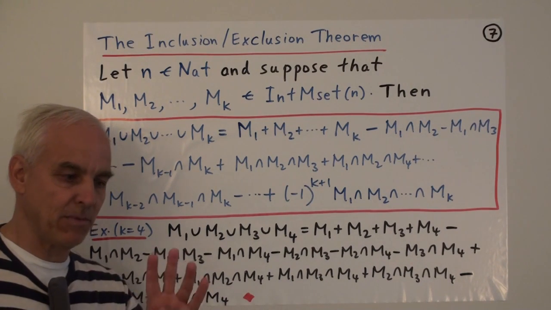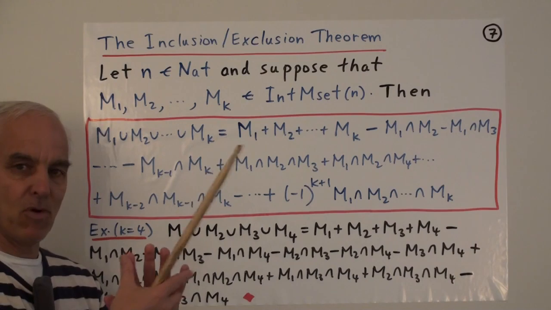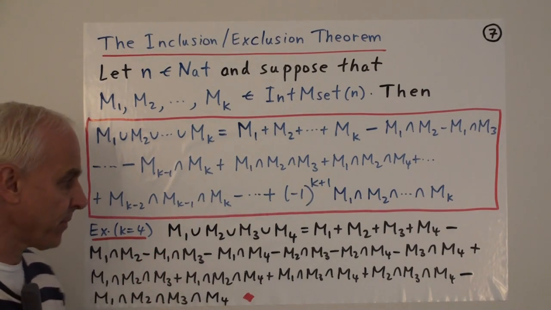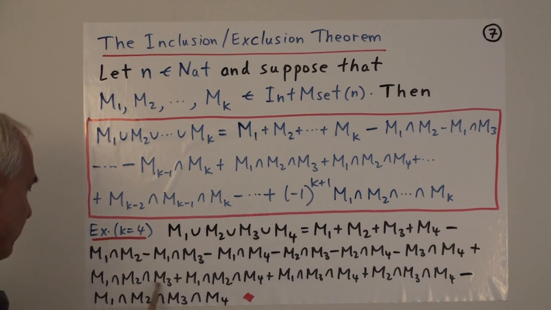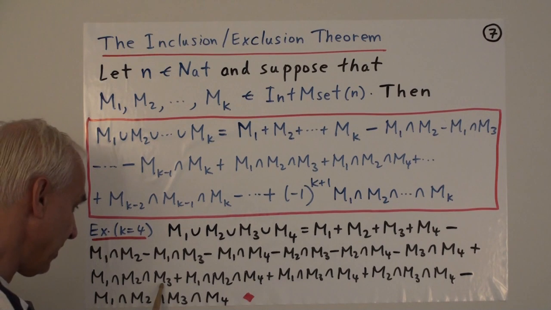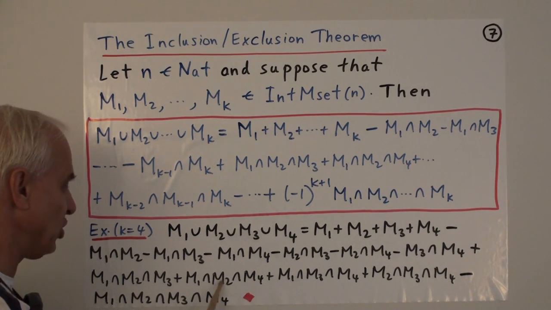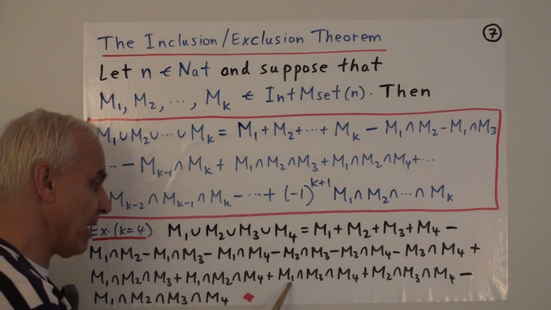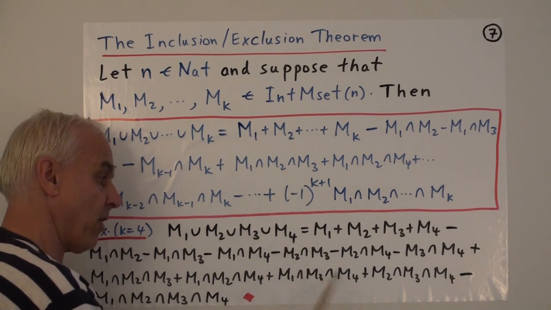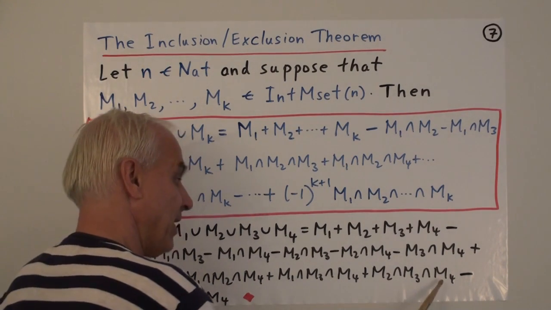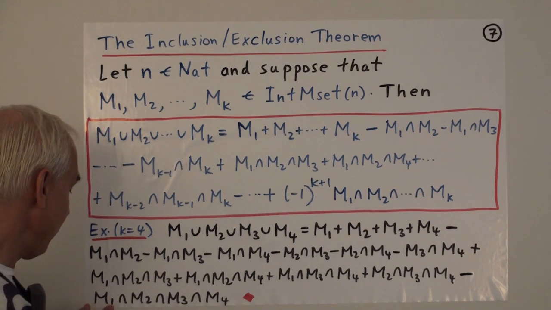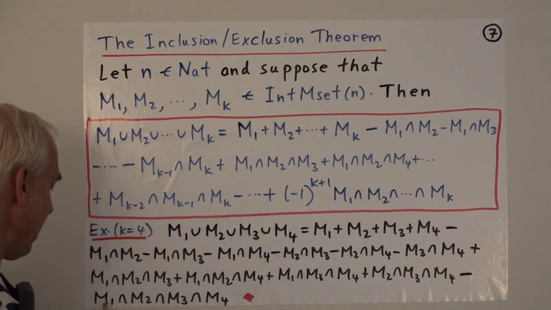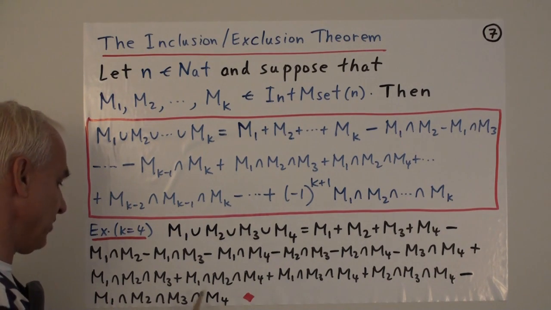Those are all the possible ways of picking 2 out of the 4. And then we're going to add the various triple intersections. So m1 intersect m2 intersect m3, plus m1 intersect m2 intersect m4, plus m1 intersect m3 intersect m4, plus m2 intersect m3 intersect m4. And finally, we're going to subtract the intersection of all 4 of them, m1 intersect m2 intersect m3 intersect m4.